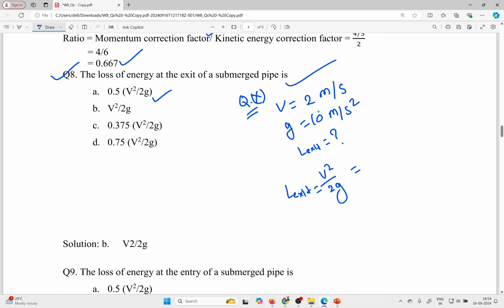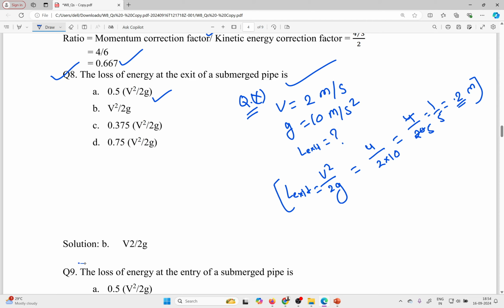If you calculate the value here, that is 4 divided by 2 into 10, so 4 by 20, 1 by 5. It means 0.2. It will be 0.2.